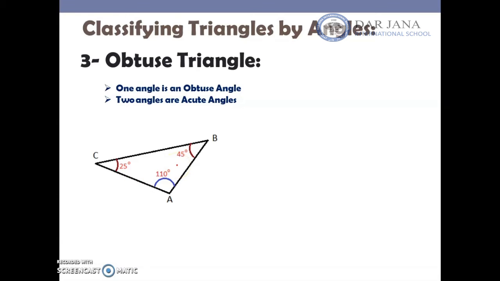So this one is called an obtuse triangle. So an obtuse triangle has one obtuse angle, and the rest are acute. This is another example where the 100 degrees is an obtuse angle. It's enough to show the obtuse angle, and it will be called an obtuse triangle.